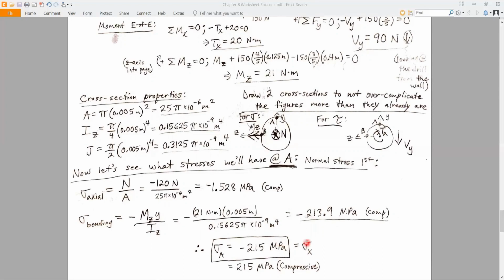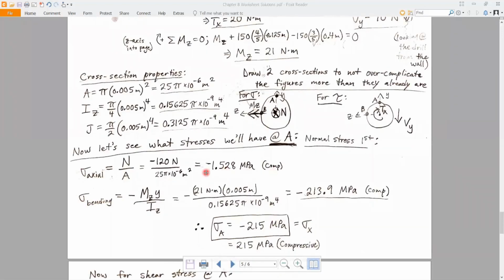Then all we have to do is use the principle of superposition, add them up. You can see your normal stress is much smaller than your bending. That's pretty typical for most problems. You're going to have a much larger contribution to your normal stress from bending versus axial for a lot of different reasons, but usually just because your moment of inertia is very small, so it's going to make your stress very big when you're bending.